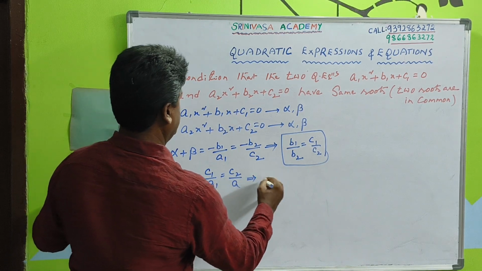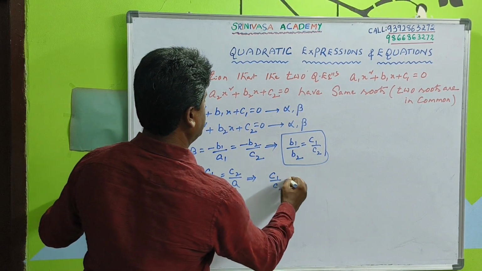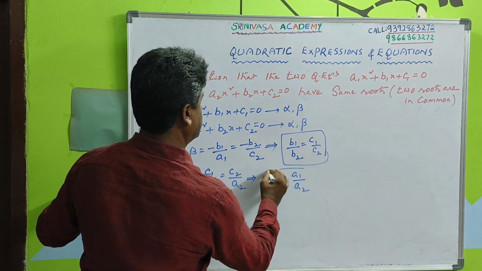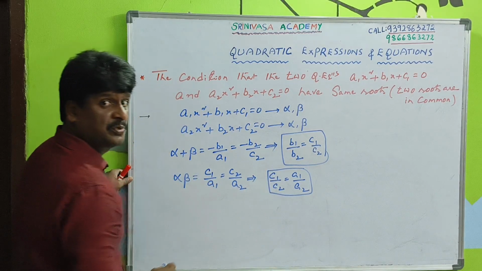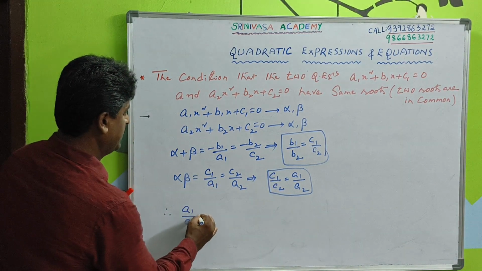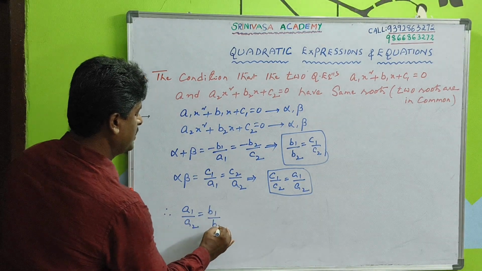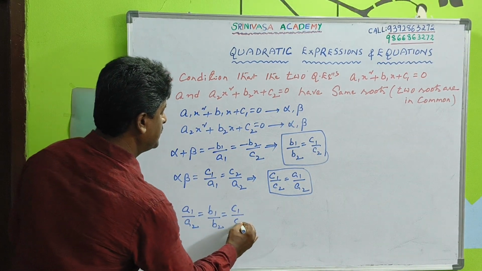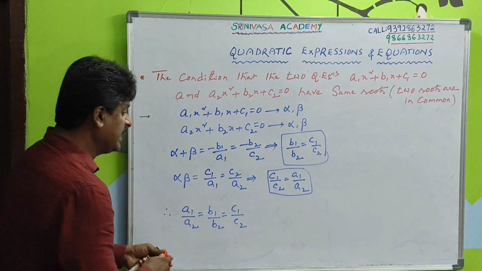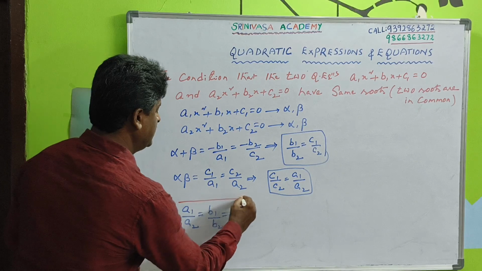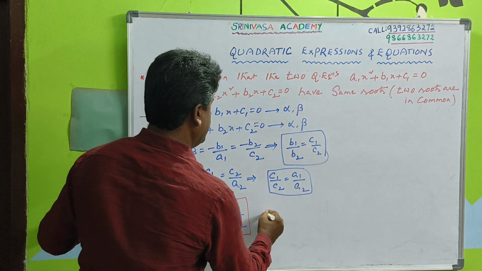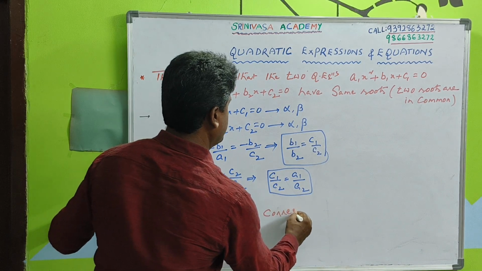These two are equal. So we can write c1 by c2 is equals to a1 by a2. This is the condition. From these two, we can conclude that a1 by a2 is equals to b1 by b2 is equals to c1 by c2. In other words, if the two quadratic equations have same roots, the condition is corresponding coefficients are in proportion.